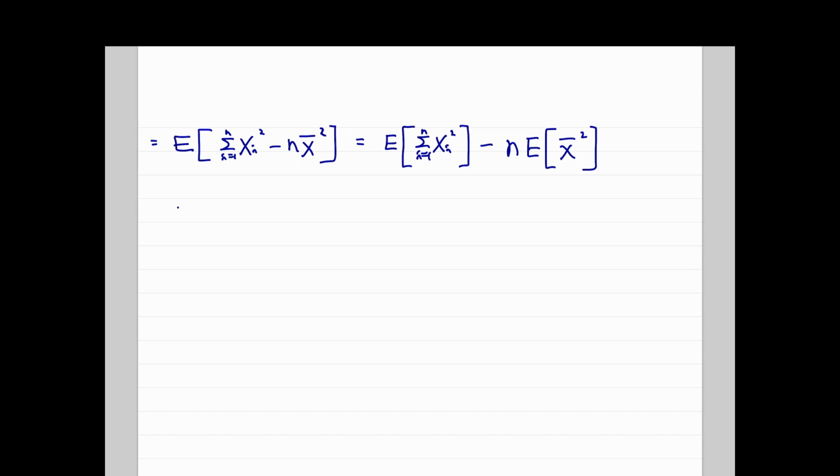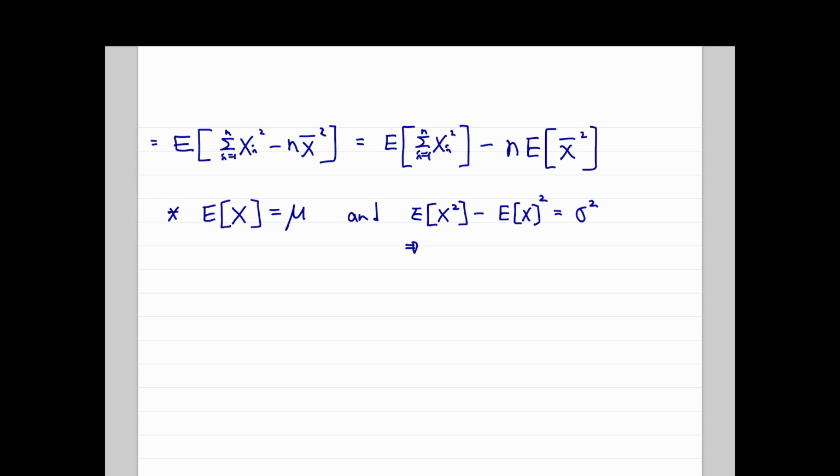And you know the expected value of x equals mu, and the expected value of x square minus the square of the expected value of x equals the population variance.